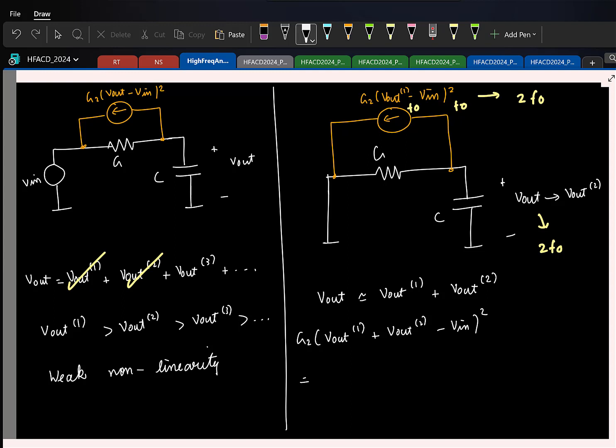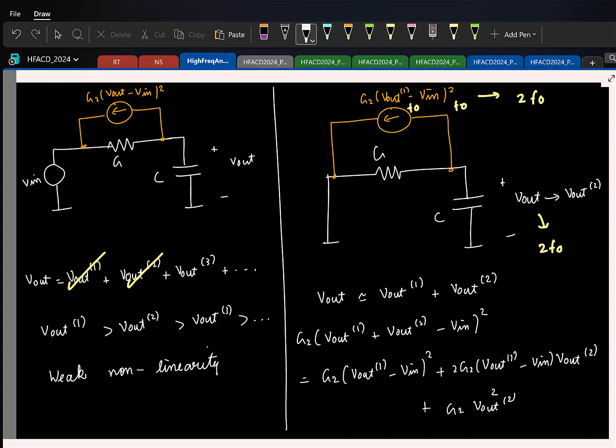So if you expand it, I'll write it directly. I'll have V out 1 minus V in squared, plus 2 times G2 times minus V in times V out 2, plus I'll have G2 times V out 2 squared. Okay.